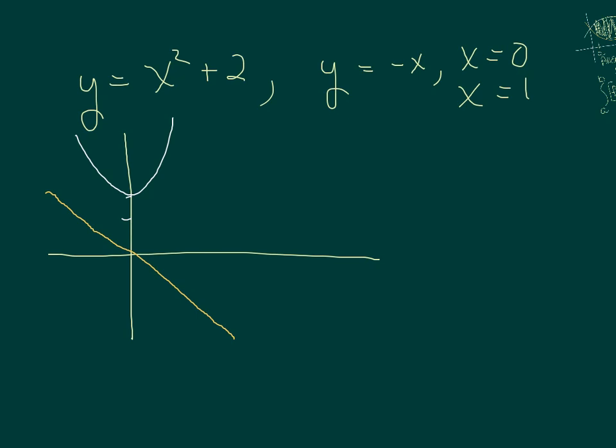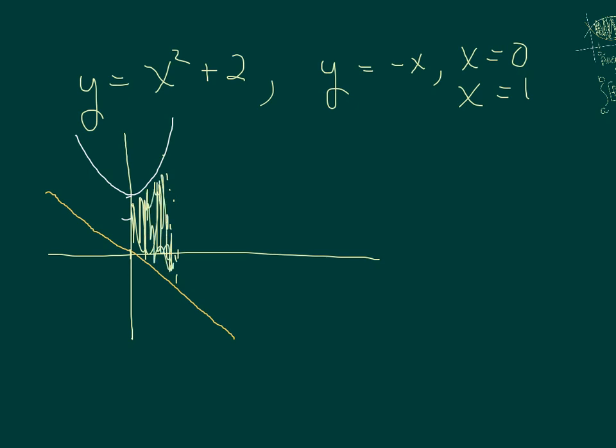So it's easy to see which is the upper function and which is the lower function. And now I am going between x equals 0 and x equals 1. So that's the area that we're looking for.